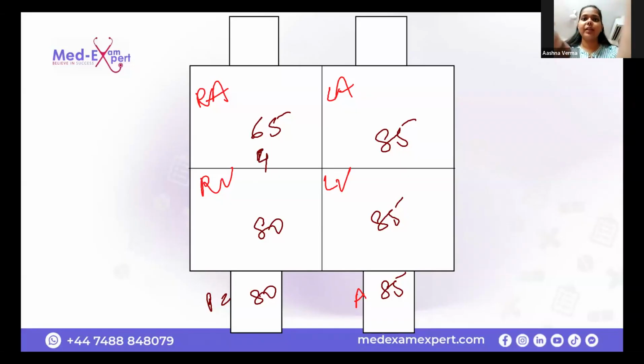And let me write pressure with some other color so that you do not get confused. So pressure here is 4, and here I would put the pressure of 6.